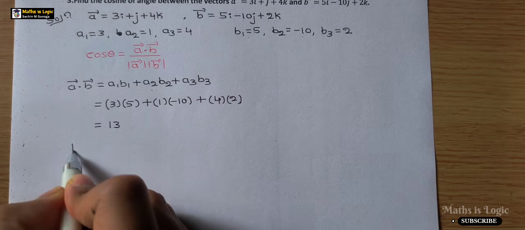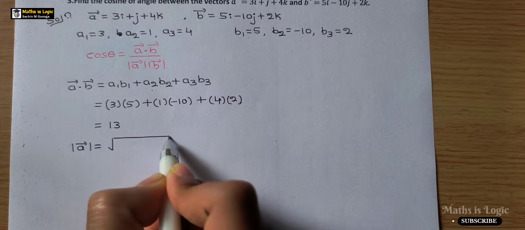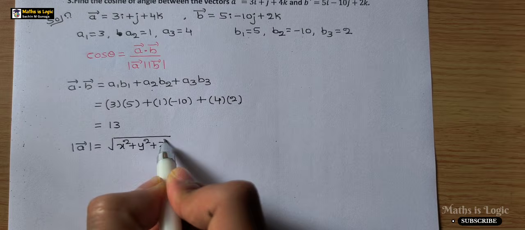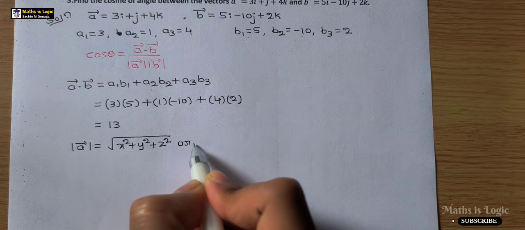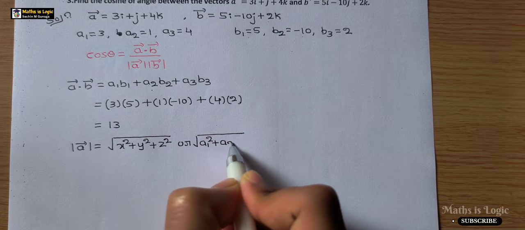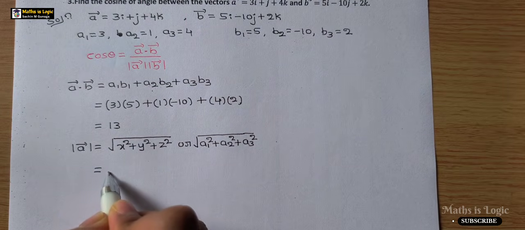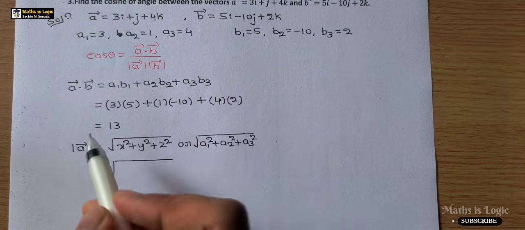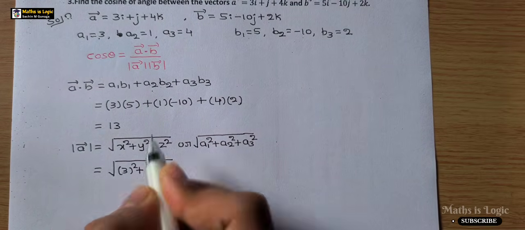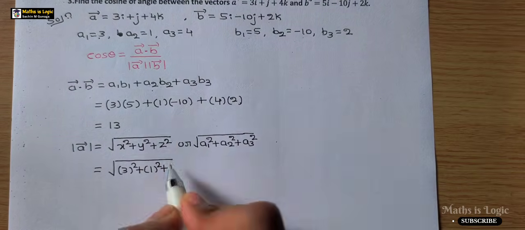Next, magnitude of a. Magnitude of a is equal to, we know magnitude formula, that is square root of x square plus y square plus z square. Otherwise we can write it as square root of a1 square plus a2 square plus a3 square, both are same. Substitute in a vector: 3 square plus 1 square plus 4 square.